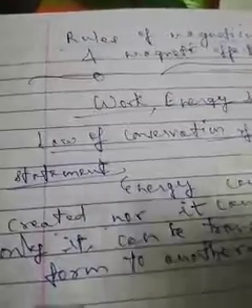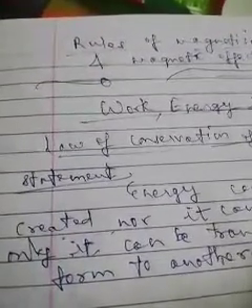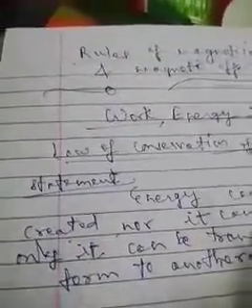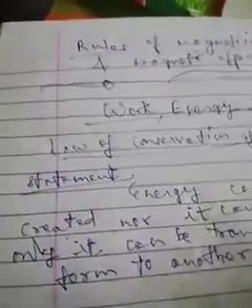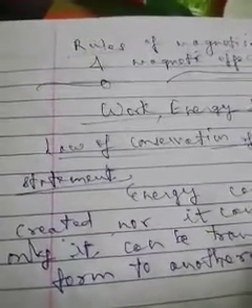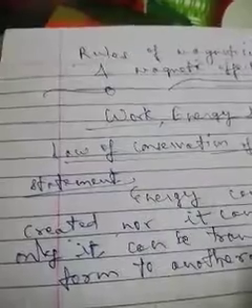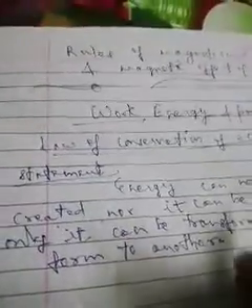This is true with any two forms of energy. Like in a battery, chemical energy is converted into electrical energy. So this is a very common law, the law of conservation of energy.